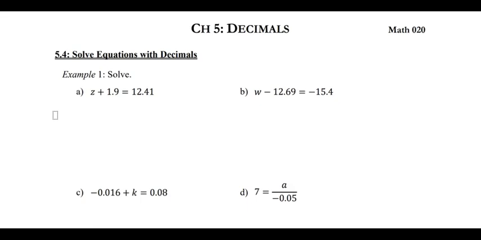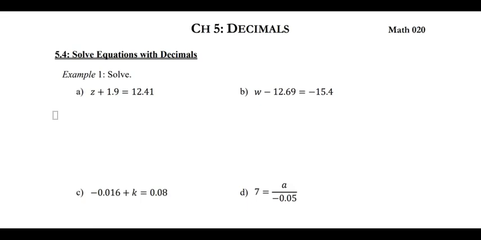So if you see that you're adding a number to a variable, in order to isolate your variable, you're going to subtract that number. If you see that you're already subtracting a number from the variable, you're going to add.